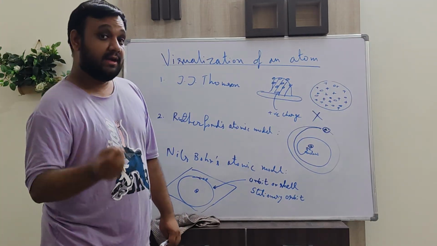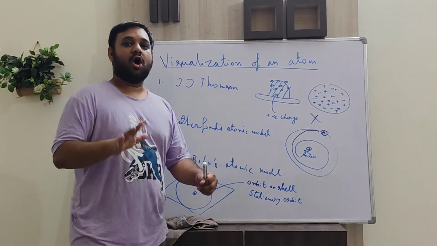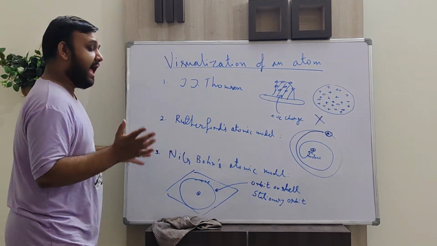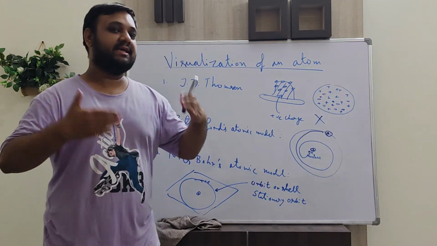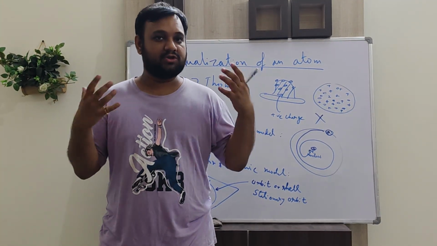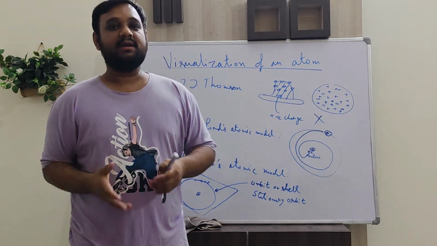So new mechanics, a new theory, came out, which is the modern theory of the atomic model, called the quantum mechanical model. I will try to emphasize that one and make it more comfortable to visualize how exactly electrons are present outside a nucleus.